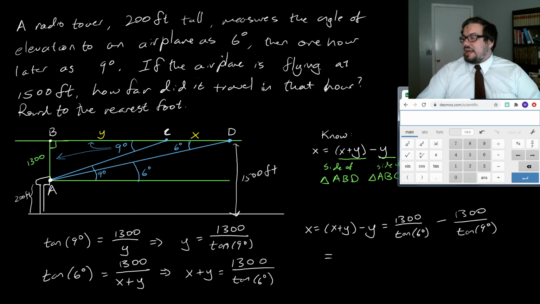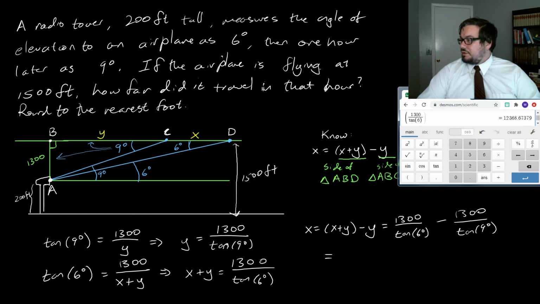Now, when you're using a calculator and you're putting in complicated expressions like this, use lots of parentheses. Make sure that you're grouping things up as you intend to. So I'm going to go ahead and put that whole first fraction in parentheses. So we get 1300 divided by tangent of 6, and I check I'm in degree mode.